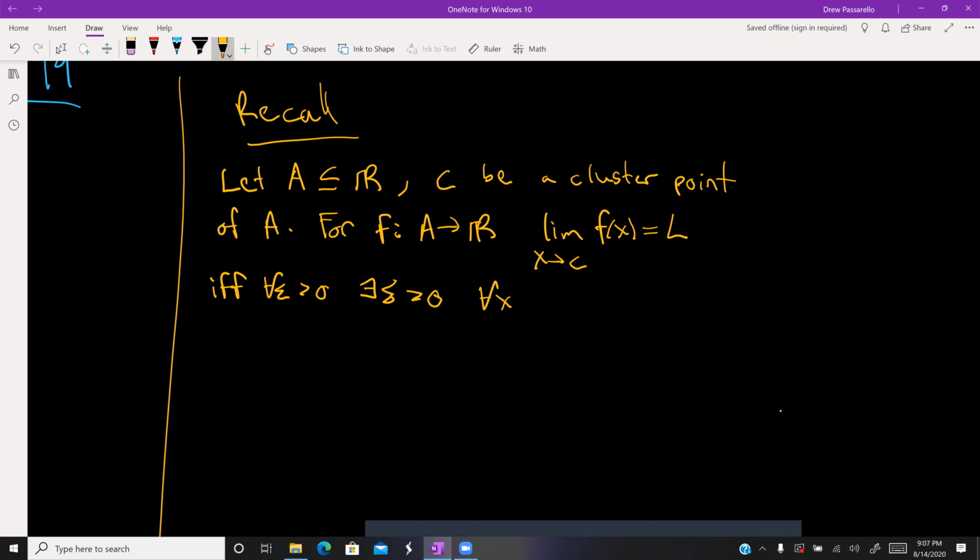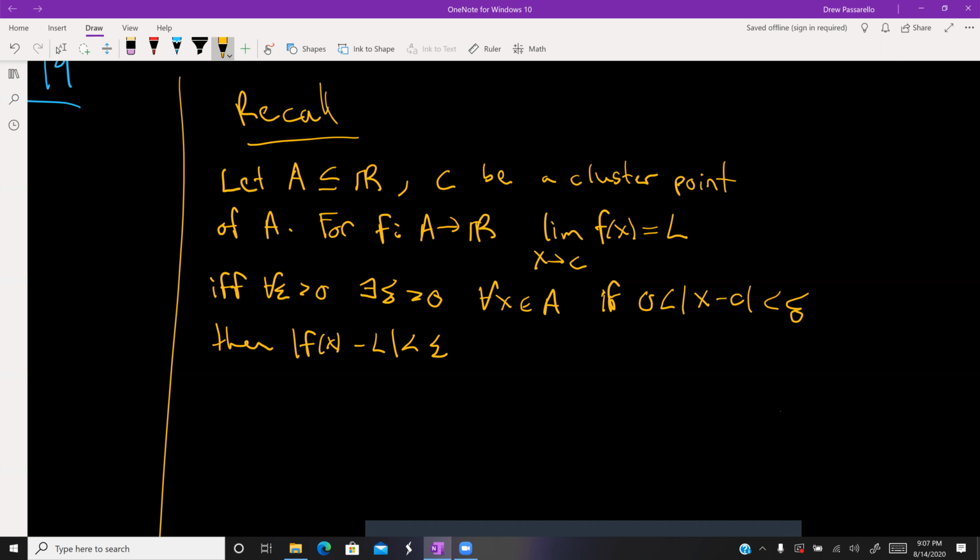So for all x in A that intersects the punctured neighborhood, which you would say if 0 is less than the absolute value of x minus c less than delta, then the absolute value of f of x minus L is less than epsilon.